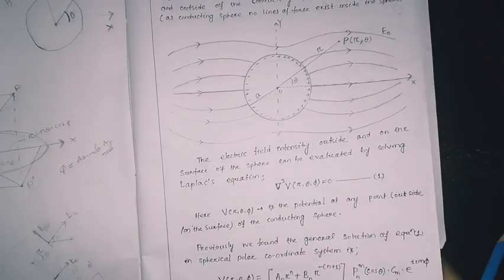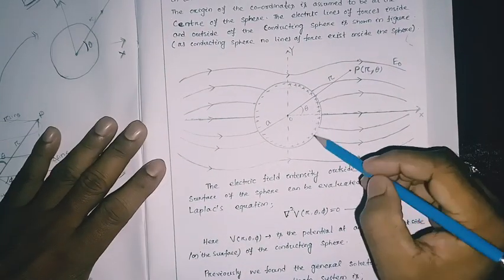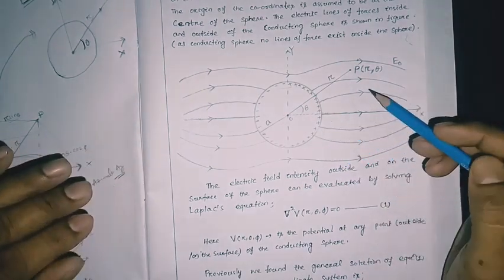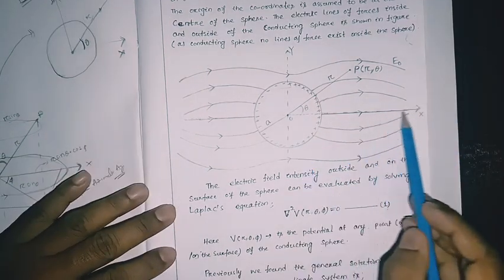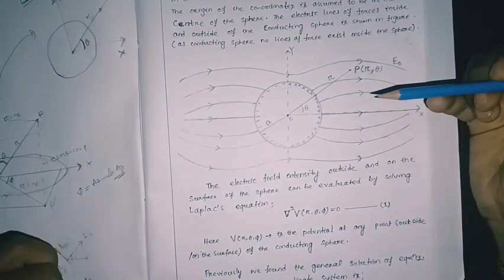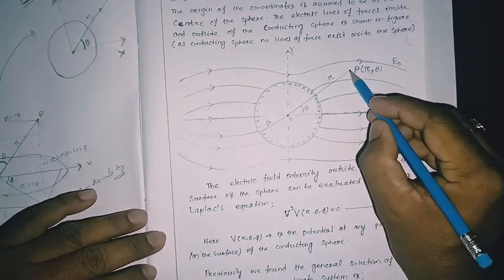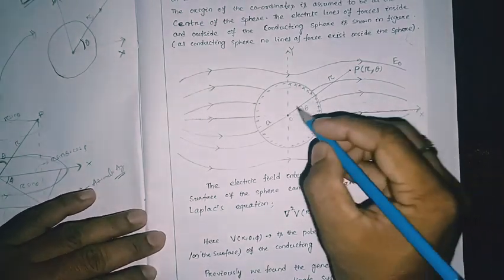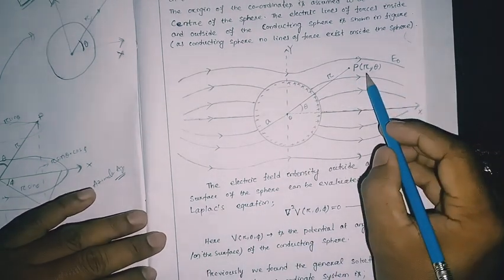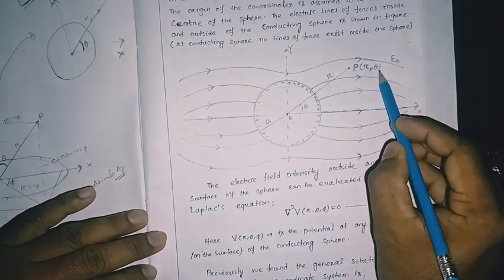That means now we consider this sphere in the polar coordinate system. Along this we consider the x-axis, and vertically the y-axis. Suppose the point P is here, the distance from the center O to P is small r, and the coordinates of P are r and theta.